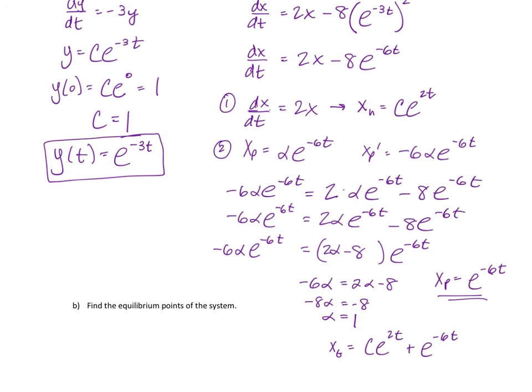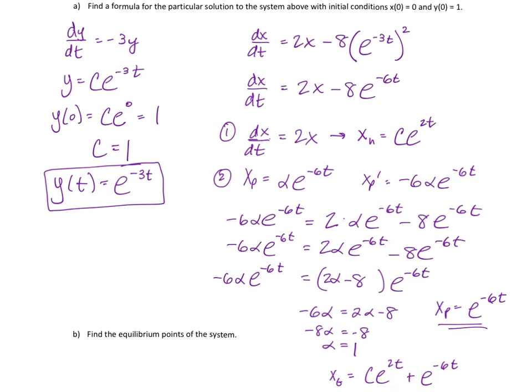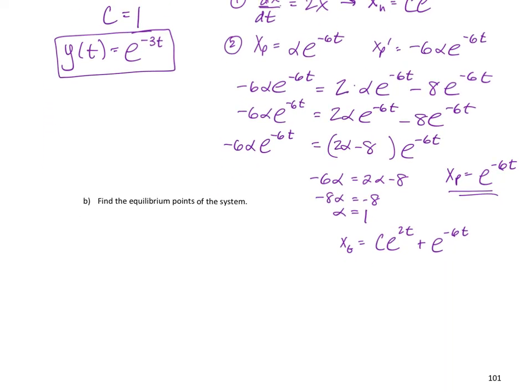So let me look up there. X of 0 is 0. So x of 0, that would be c times e to the 0 plus e to the 0 equals 0. So c plus 1 equals 0, so c is negative 1.